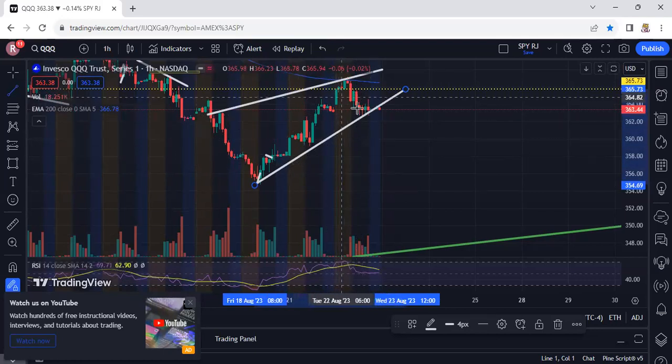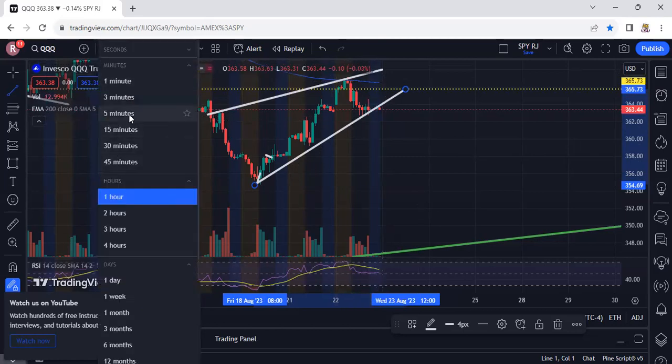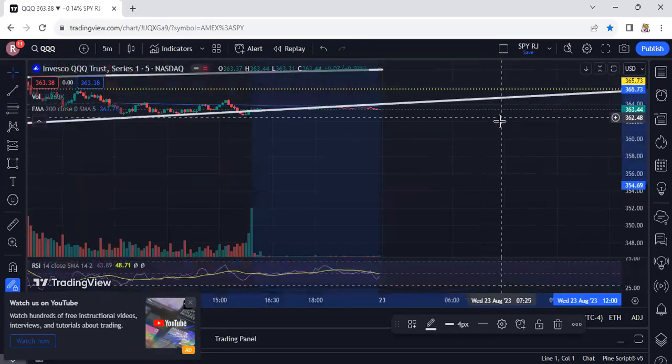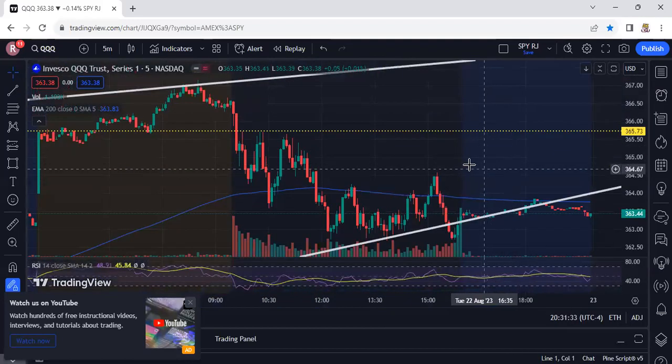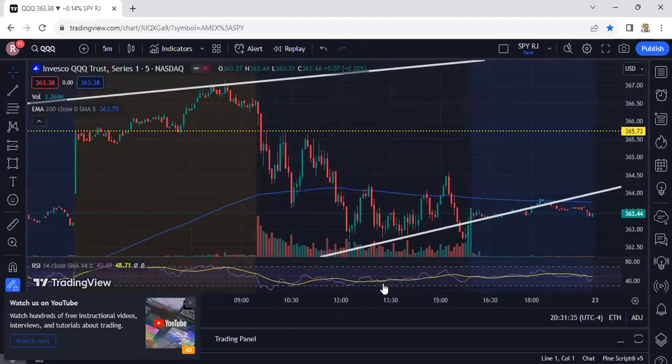It can fall just because SPY looks like it can possibly fall, so it can definitely happen. But a consolidation day here would be bullish for QQQ in my opinion, just looking at what it's doing.